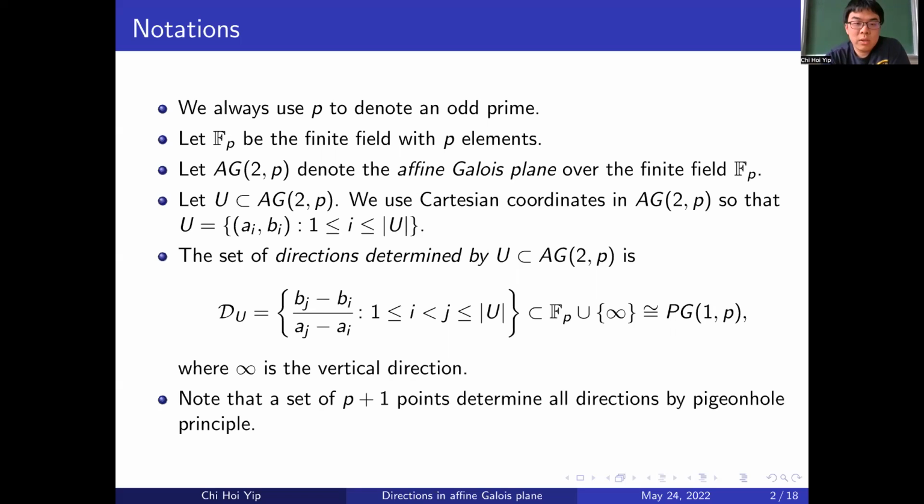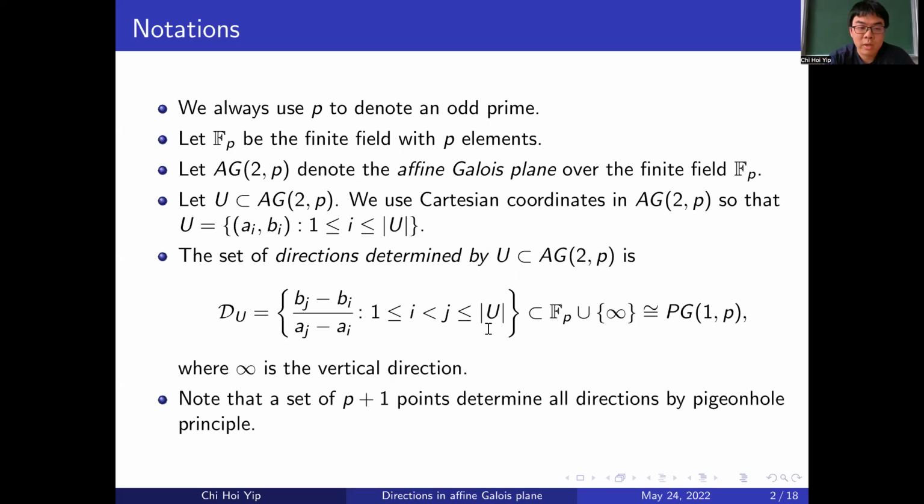Given a point set U, we are interested in estimating the lower bound for the number of directions determined by the set U. First, it's easy to see that if our point set U has more than P points, then it's not interesting, because we can easily use the pigeonhole principle to show that we have all the directions.